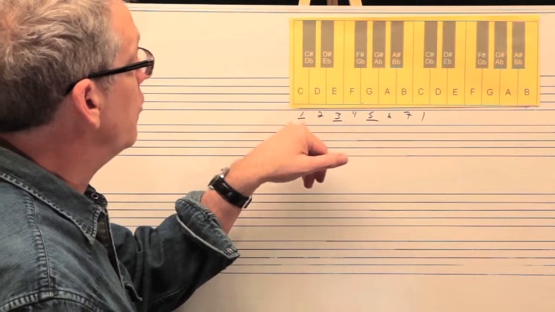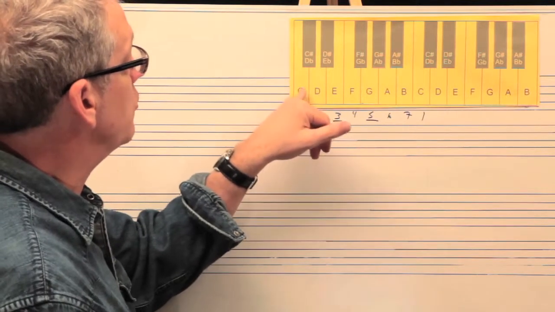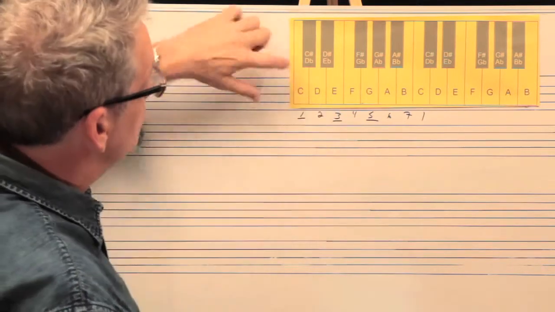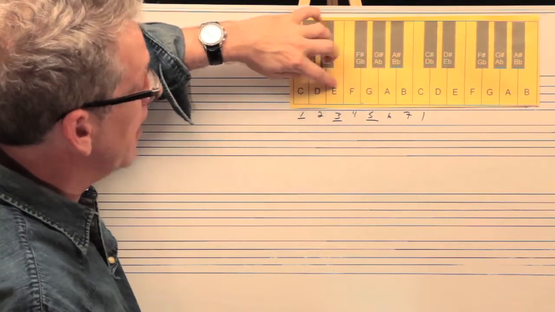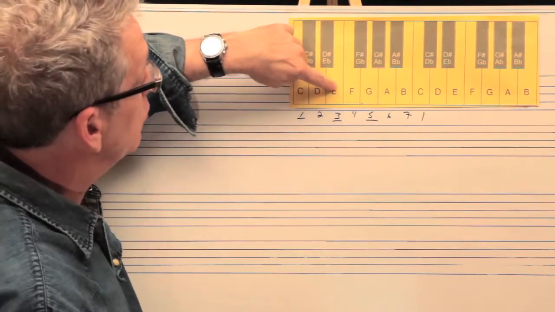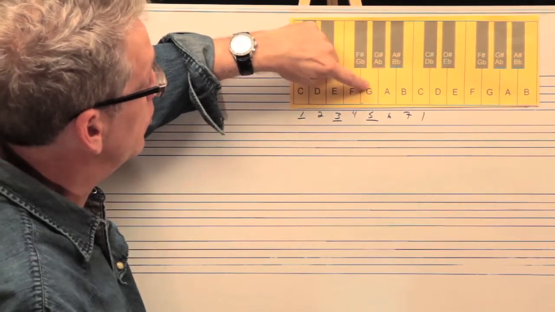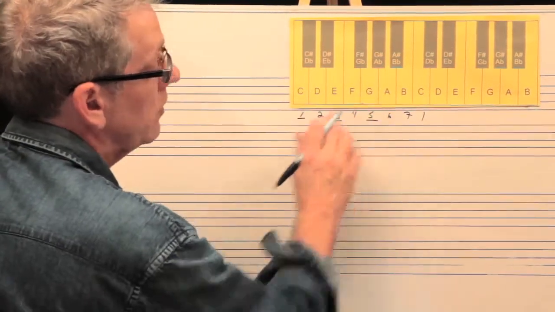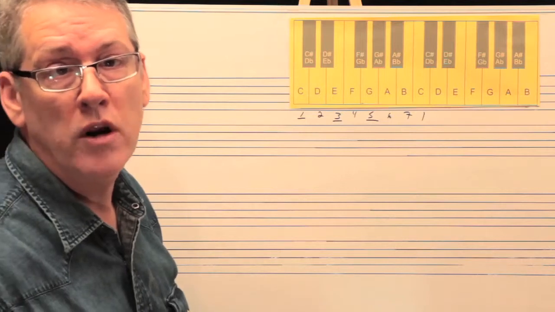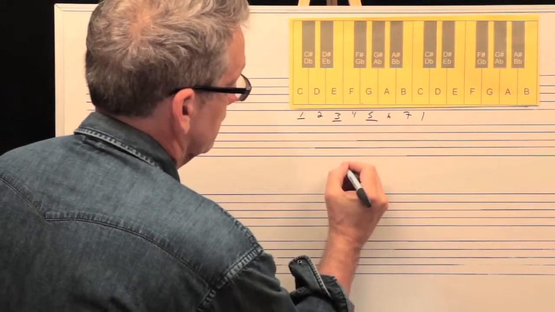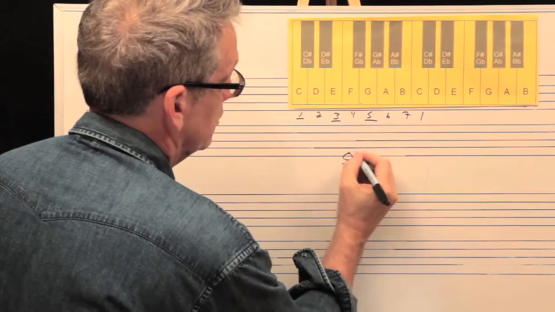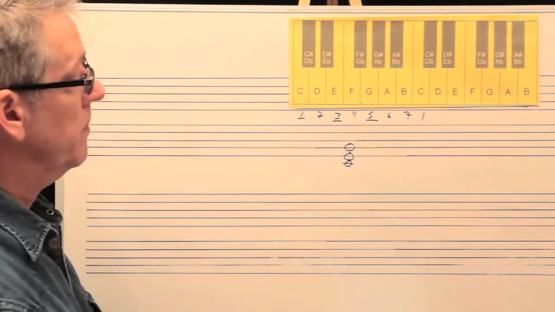From 1 to 3 is a major third, which is 4 half steps: 1, 2, 3, 4. And from E to G is a minor third, which is 3 half steps: 1, 2, 3. So that's your C triad, your 1 chord in the key of C. Here's C, here's E, here's G.